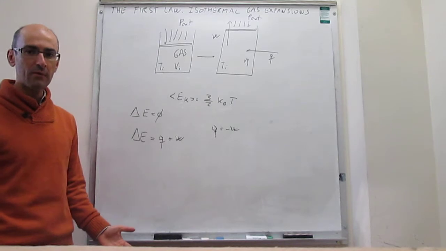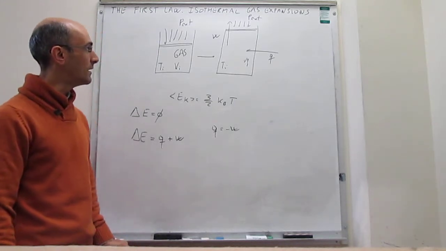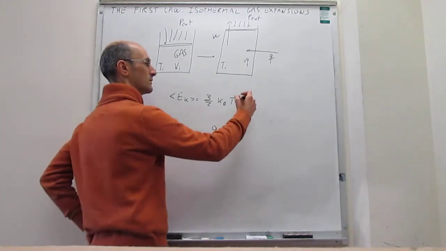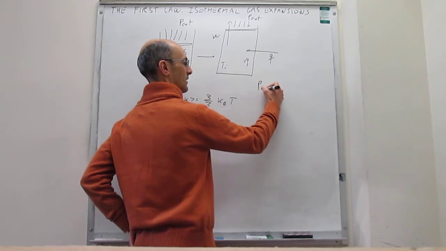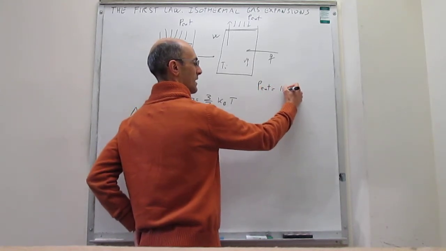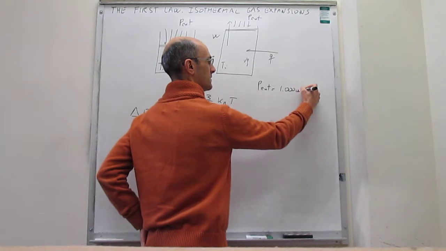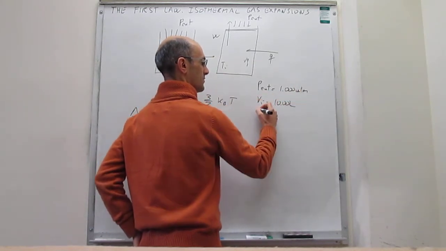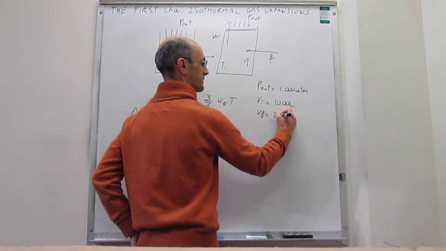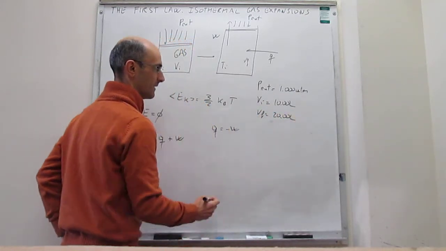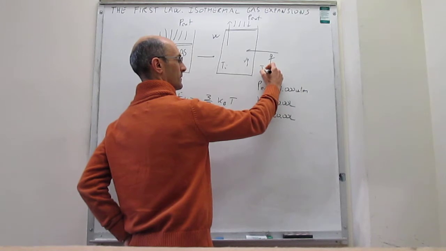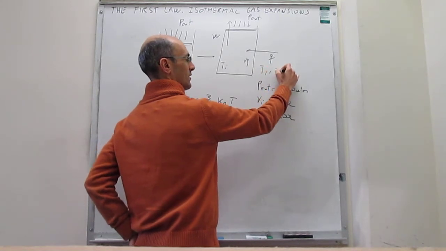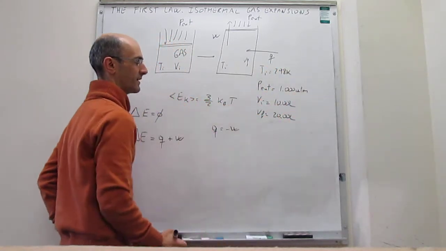Now we can apply this to a numerical problem. Say the external pressure is 1 atmosphere, your initial volume is equal to 10 liters, and your final volume is equal to 20 liters. The temperature can be anything, but we can say it's room temperature, 298 Kelvin.